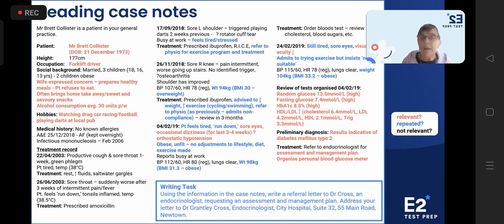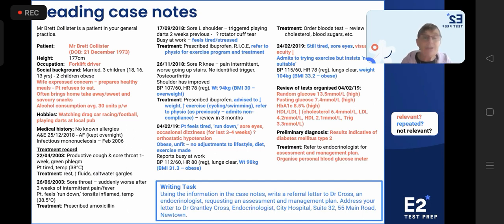Then, about 2 months later, he came back. The BMI was measured, and he was advised to lose weight, increase exercising. He referred again to a physio, although it had happened before. He wasn't compliant with the exercise program he was given.